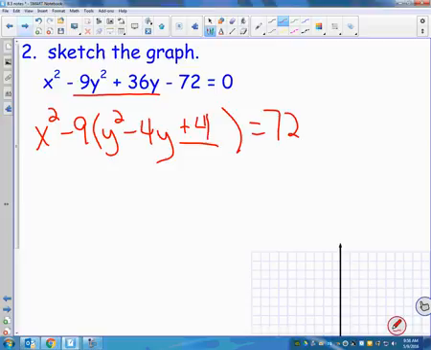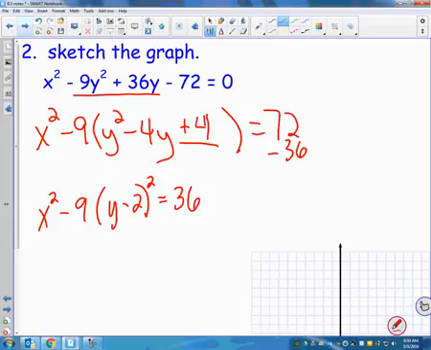But what am I adding to the other side? When there's a number in front, remember you have to multiply that too. So 4 times negative 9, I'm actually putting in negative 36 on the other side. And then that's going to factor into y minus 2 squared. That's going to give me 36.